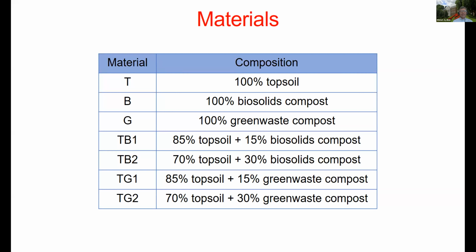And we also use blends. For instance, if you use what's called a TB1 blend, that would include 85% topsoil and 15% biosolids compost. This is by weight, by dry weight. Of course, in the field, they mix it by volume, and I will give you some indication of these volumes too. But just to be on the safe side, 85% by weight topsoil and 15% biosolids compost would roughly be around maybe a 2.5 to 1 ratio of compost to topsoil.